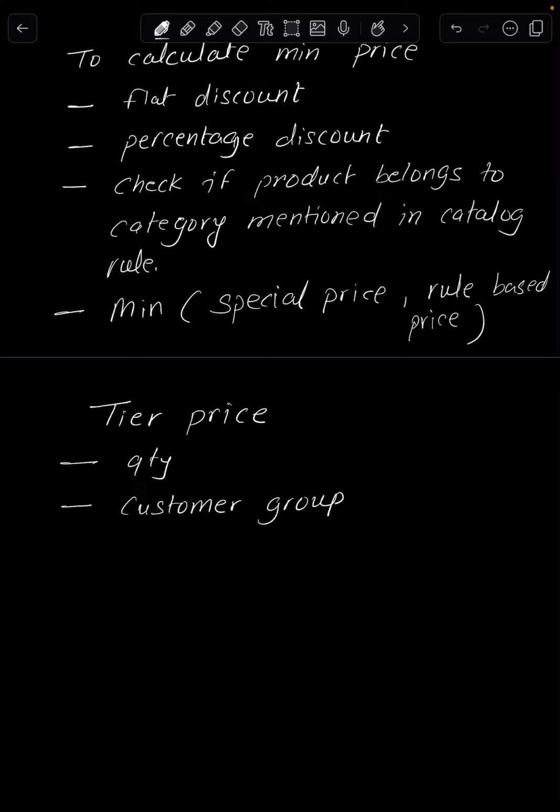And the website. In fact, in general, the pricing will be based on website. This is what tier pricing would be, right? For different customer groups and for different quantity, there will be different tiers of pricing. If I buy 5, it might be 100 rupees. For 10 quantity, it might be lesser, 90 rupees, right?